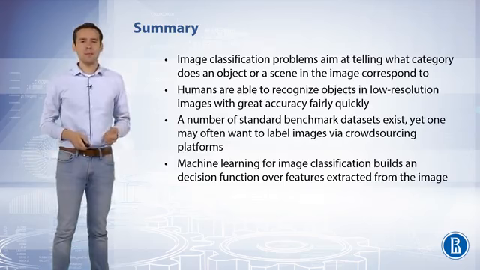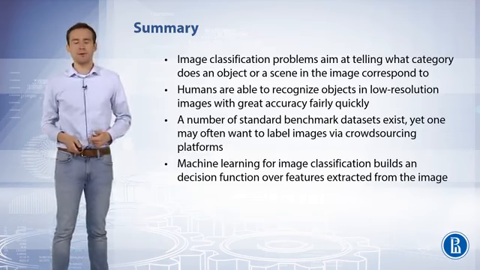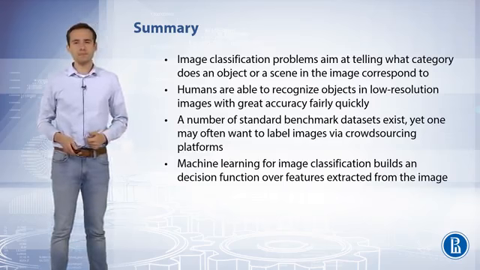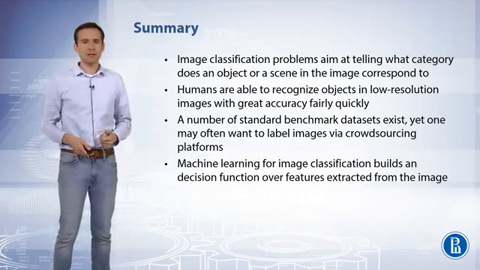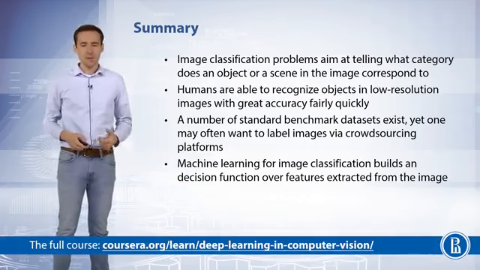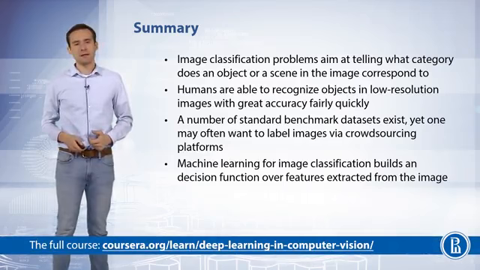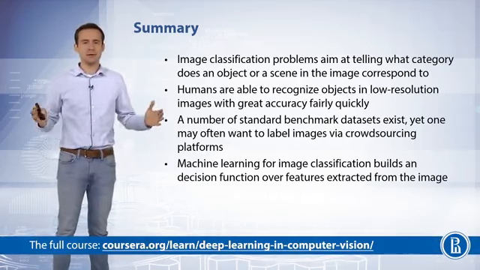A number of standard benchmark datasets are available to develop and evaluate the artificial and automatic computer vision methods for image classification. Machine learning methods for image classification build a decision function over features that are extracted from the image, while deep learning methods learn both the features and the decision functions in an end-to-end fashion.